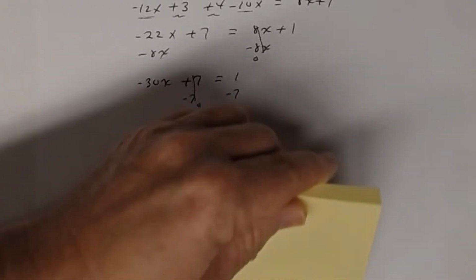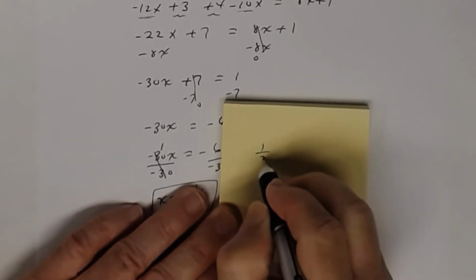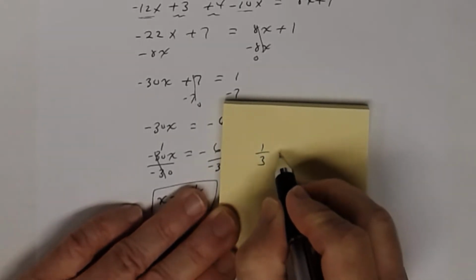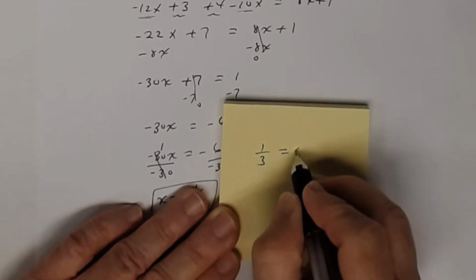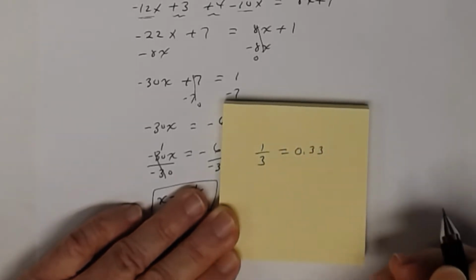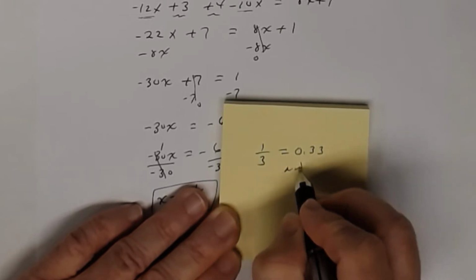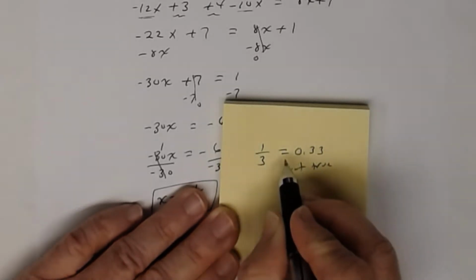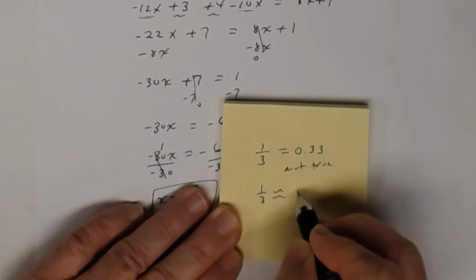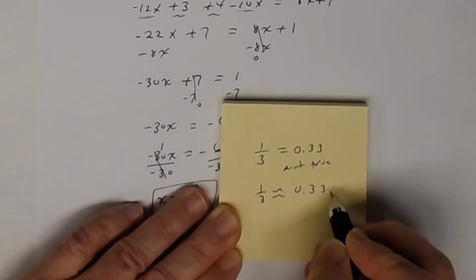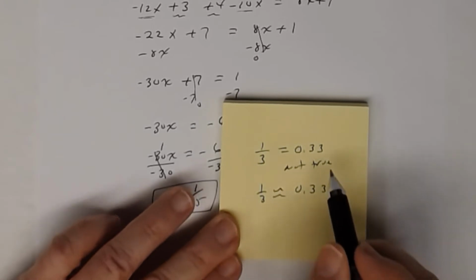For example, let's use the easy fraction 1/3. Some of you are saying that that is equal to 0.33. Well, that's not true. 1/3 does not equal 0.33. 1/3 is approximately equal to 0.33. So some of you are doing that.